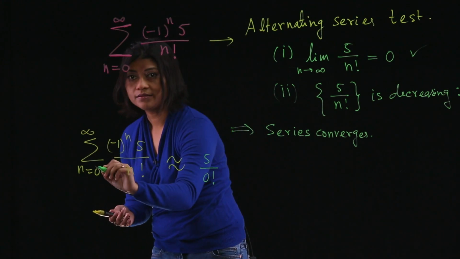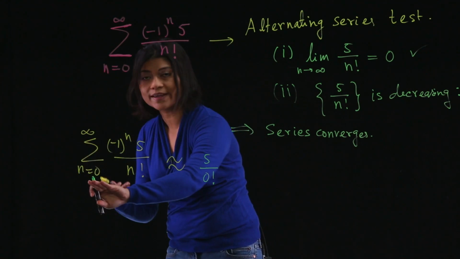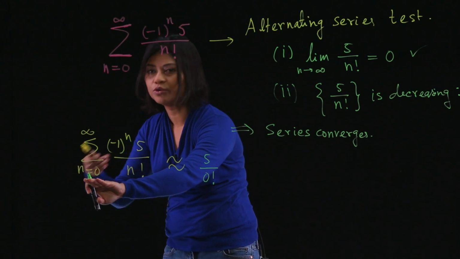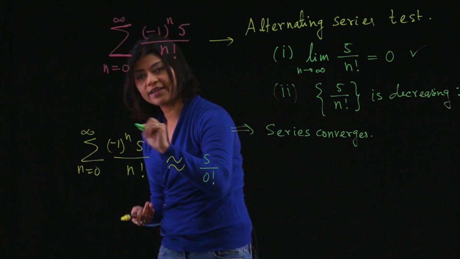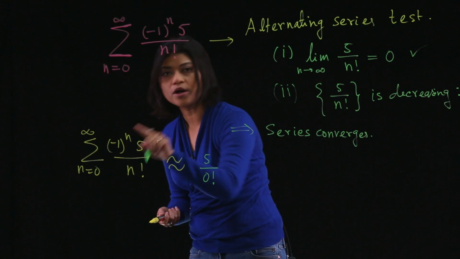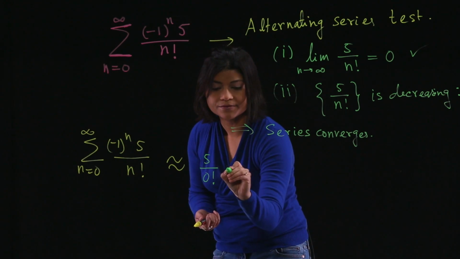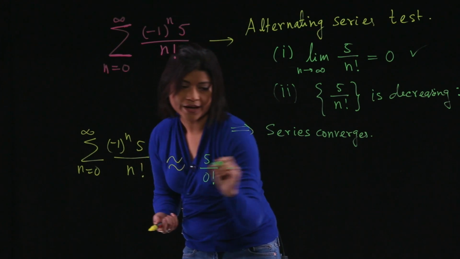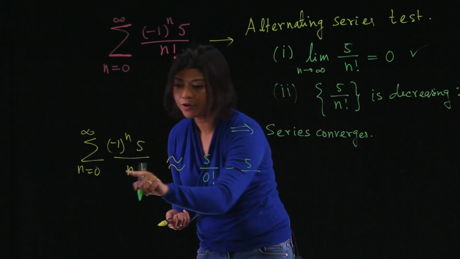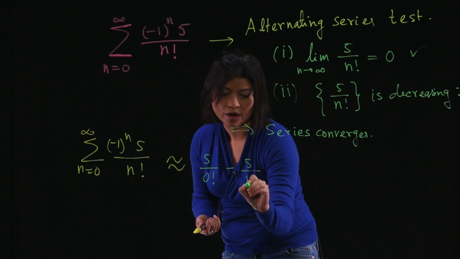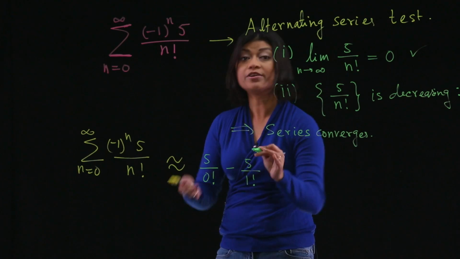Then what is the next term? You plug in the next integer value, which is n equals 1. So plug in n equals 1, you get (-1) to the power 1, which is negative. And you have 5 divided by, remember you're plugging in n equals 1, so you get 1 factorial.